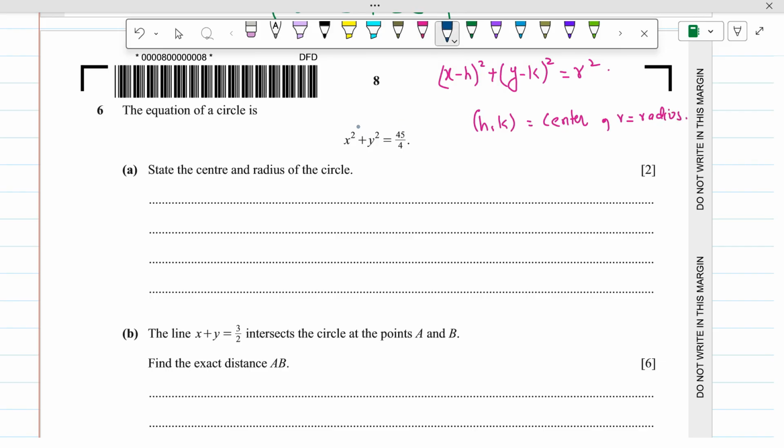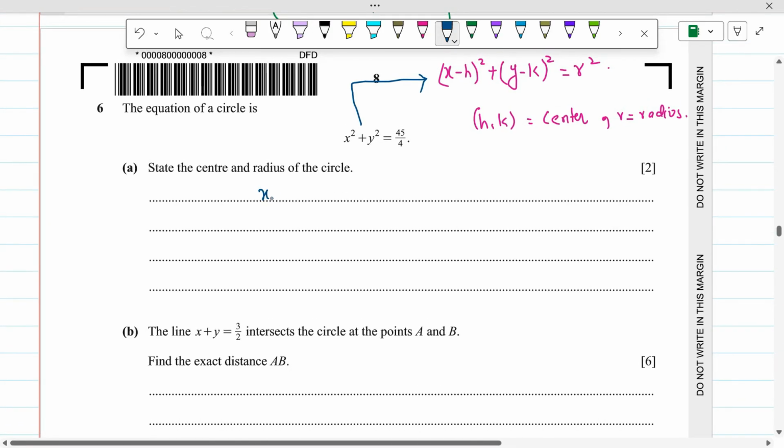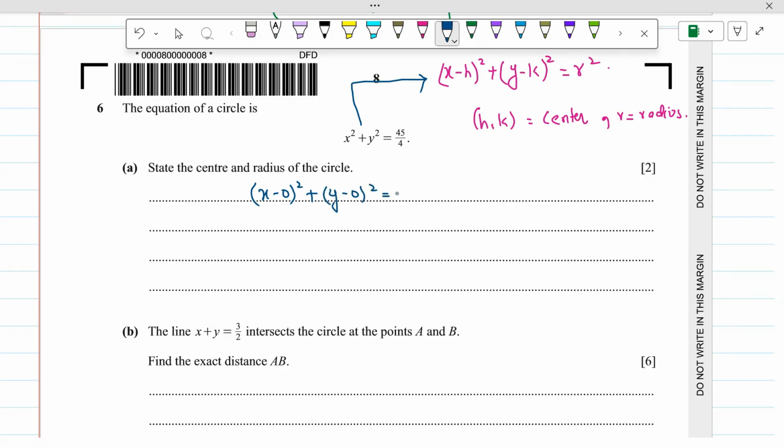So we can convert this equation into this format. x minus 0 whole squared, which equals x squared. Similarly, plus y minus 0 whole squared equals the square root of 45 over 4, whole squared.